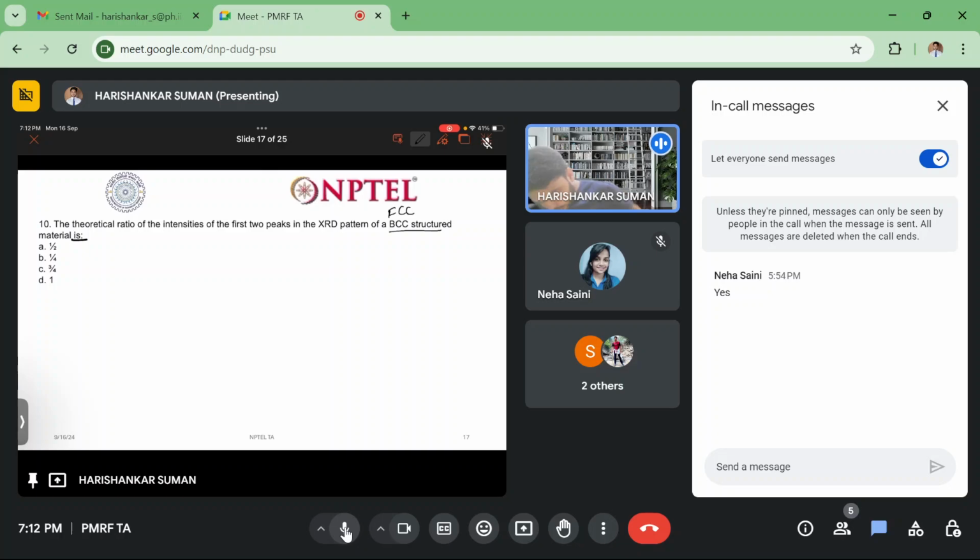So the theoretical ratio of the intensity of the first two peaks in the XRD pattern of a BCC or FCC material. We know intensity is directly proportional to the amplitude square.